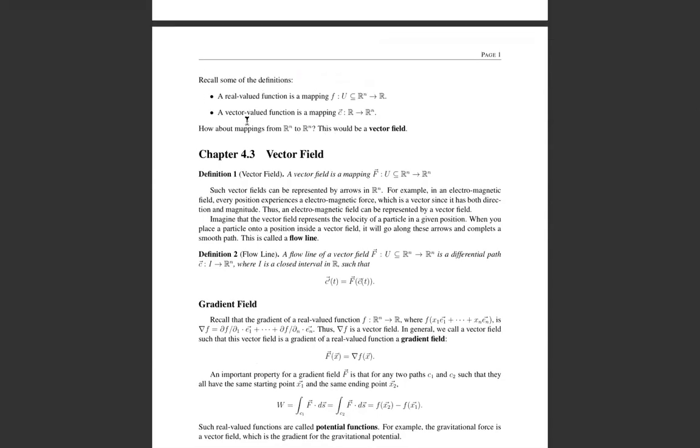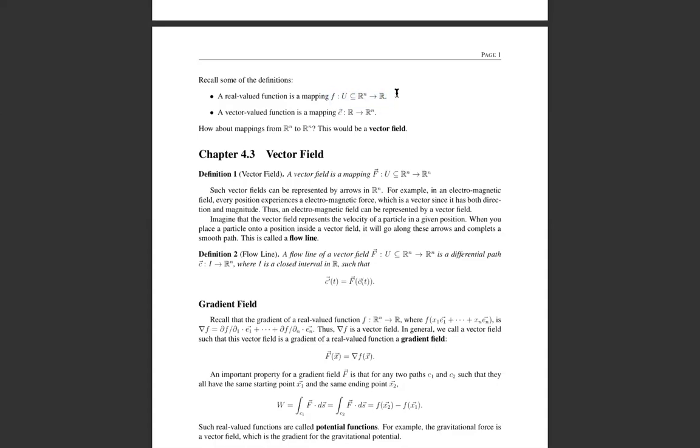A little bit of a review is what kind of functions we have been dealing with so far. We have dealt with real value functions. It's a function that puts a value on a vector in Rn. One example would be the density functions.